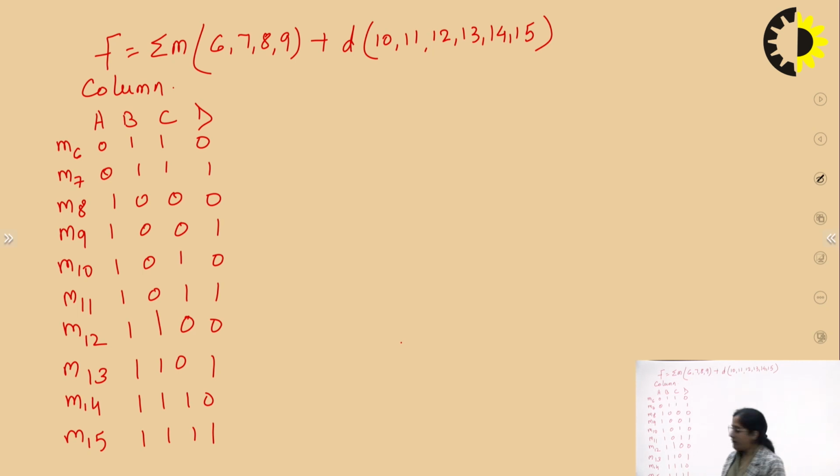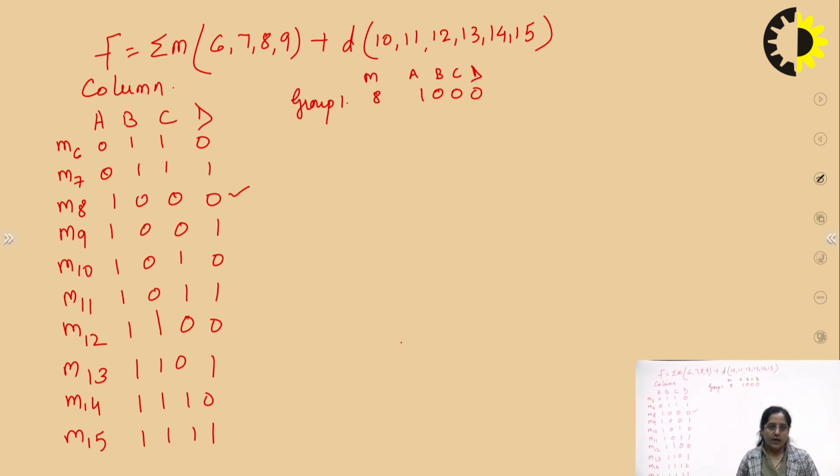Here you can find 8 is the only number with a single one. So for the first group, we will have 8, or we can write it as 1, 0, 0, 0. This is A, B, C, D, and this is our min term. So this is group 1.